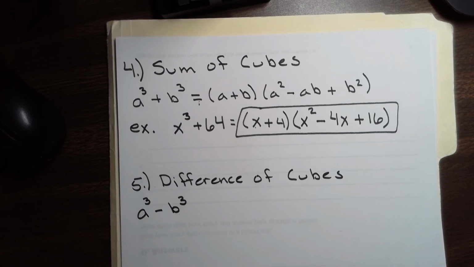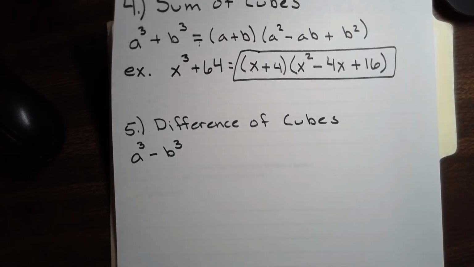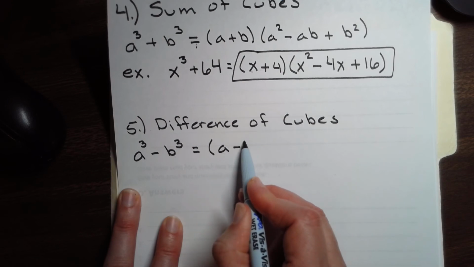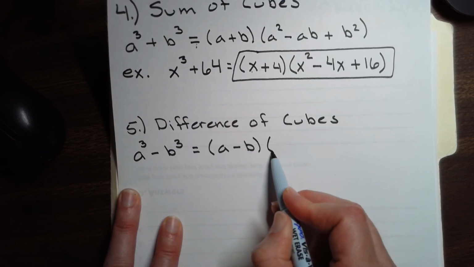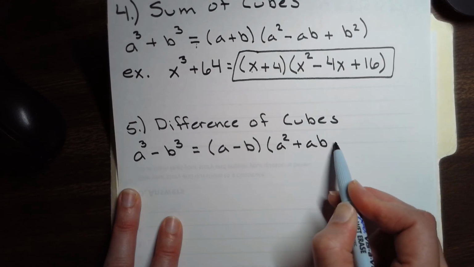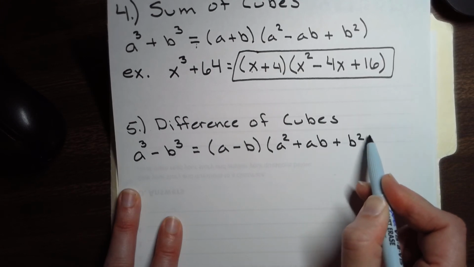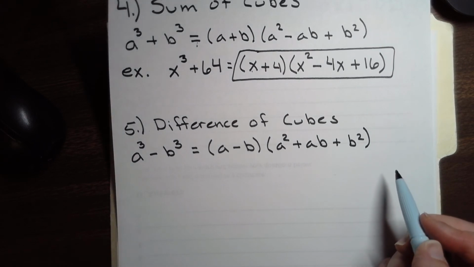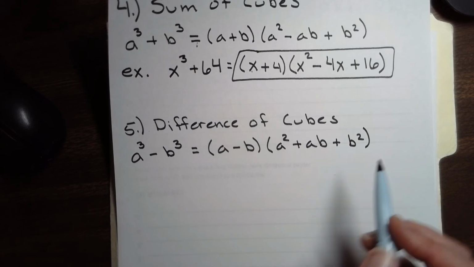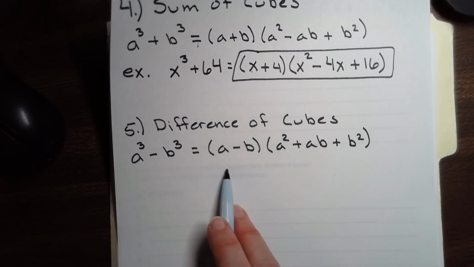So we have a cubed minus b cubed. So that factors to a minus b times a squared plus ab plus b squared. Again, the list that you make for your cubes will help you recognize this also.